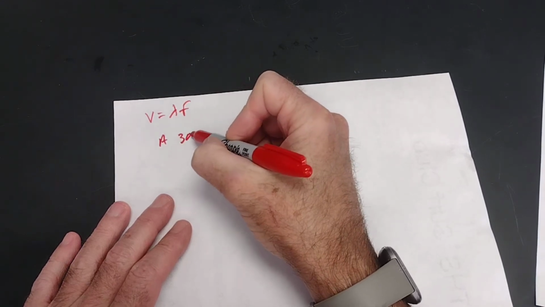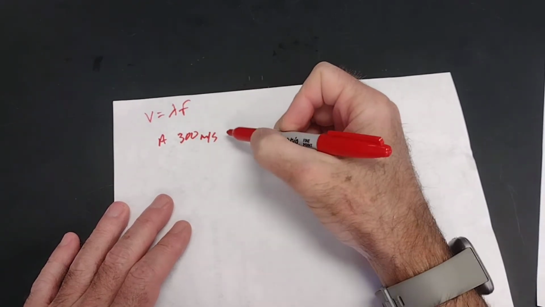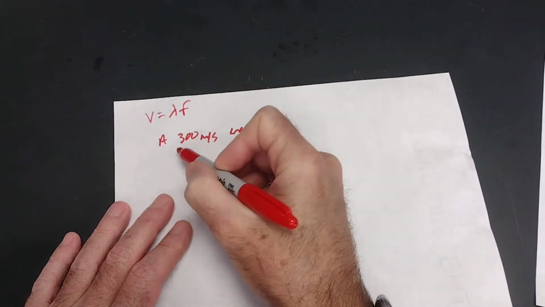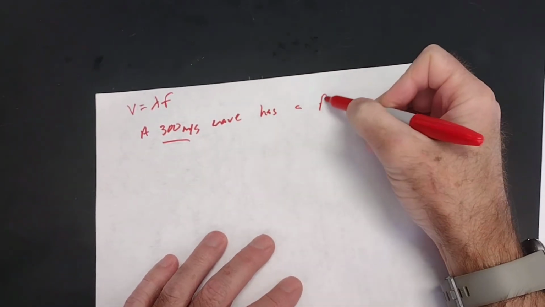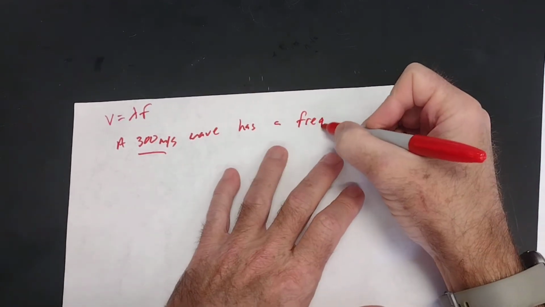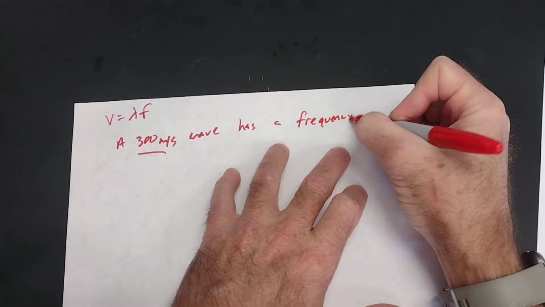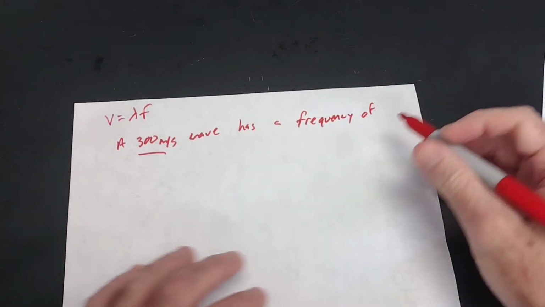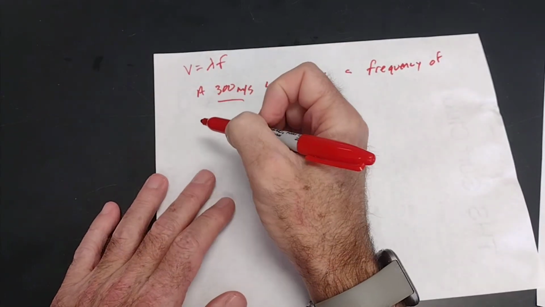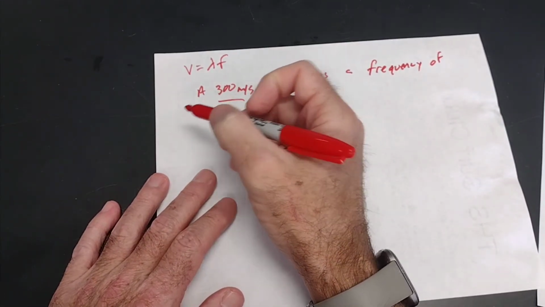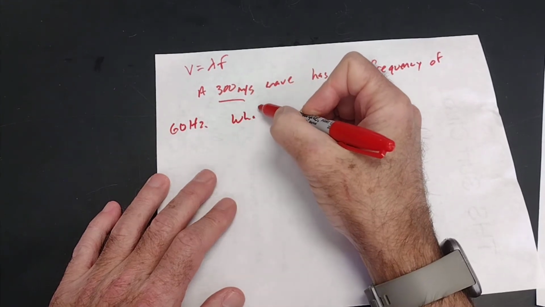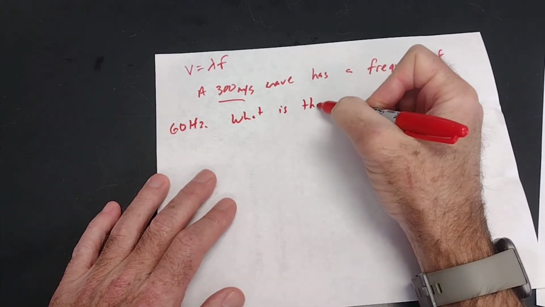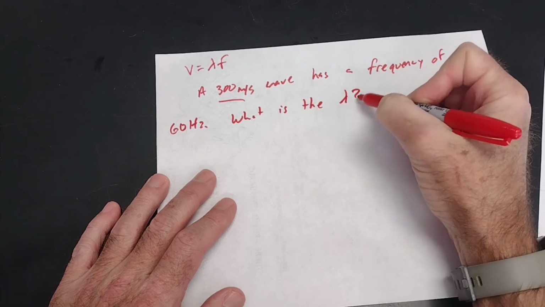A 300 meter per second wave, that's how fast it's traveling, has a frequency of 60 hertz. What is the wavelength?